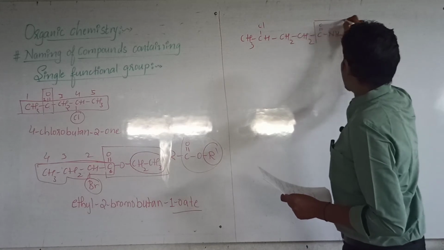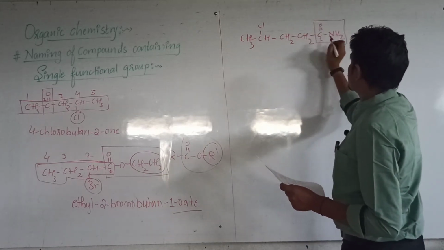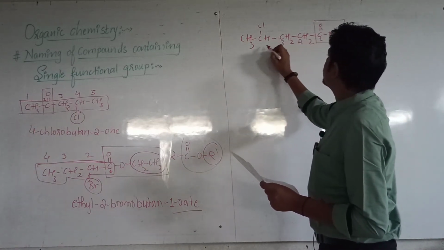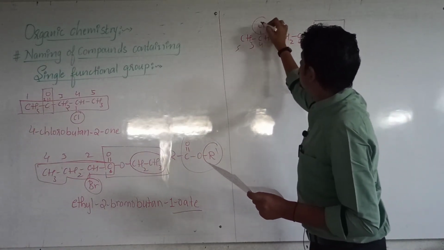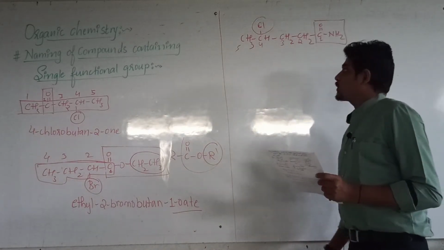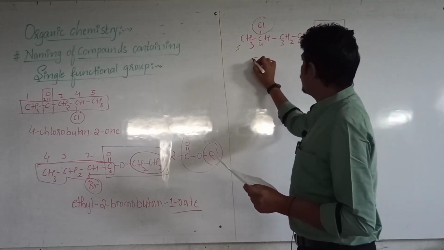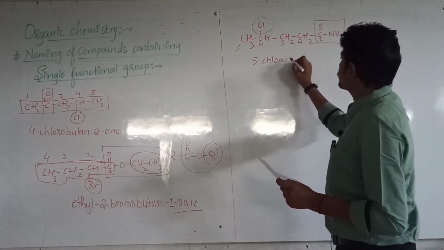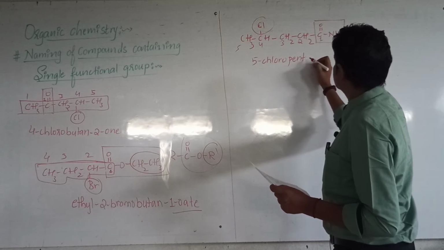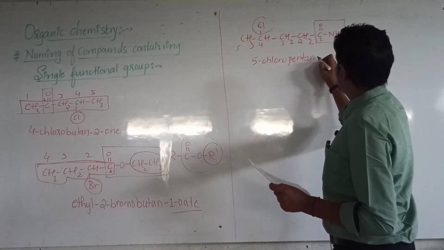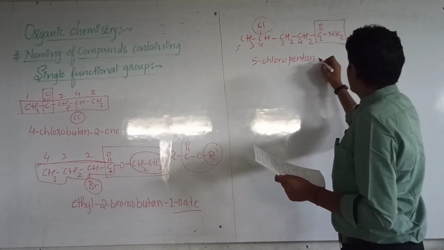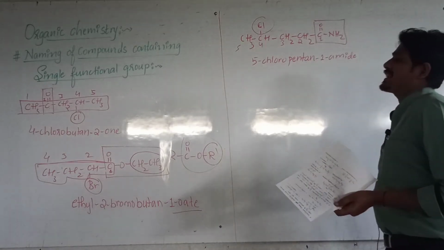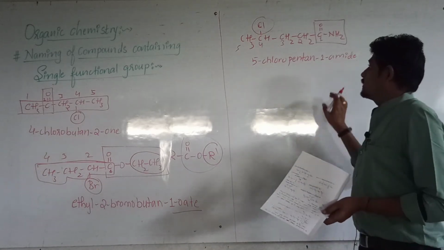This is your functional group, amide. So this carbon should get the first number: 1 2 3 4 5. This chloro is your substituent. So how do we name this? 5-chloro. How many carbon atoms are there? 5, pentane. 5-chloropentanamide, or pentanamide also you can write 1. This is the name of this.